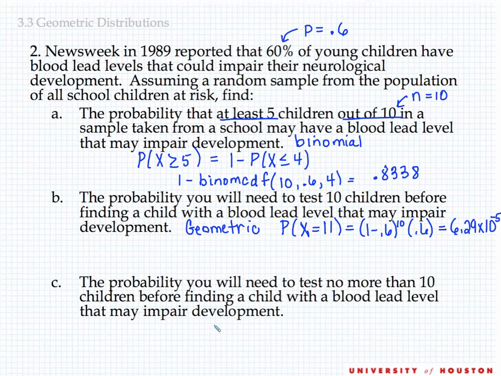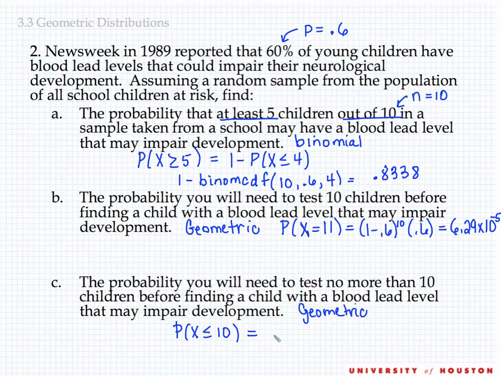Now on part C, we want the probability you will need to test no more than 10 before finding a child. So again, we don't know n, so this is geometric. No more than 10 means 10 or fewer. So I want the probability that x is less than or equal to 10.